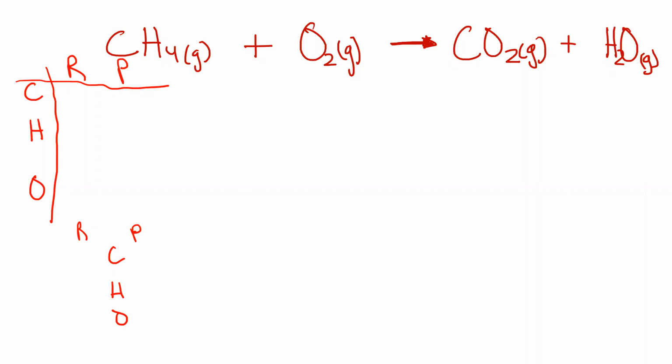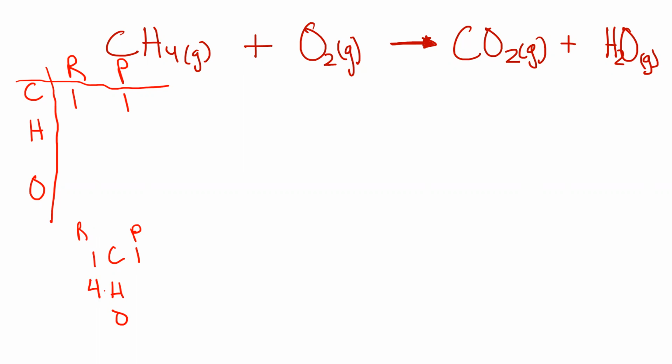To start with, carbon on the reactant side is 1. On the product side, we've got 1. You can see CH4 versus CO2. There's 1 carbon on each side. Now, hydrogen is the next element I'm going to look at. There's 4 of them on the reactant side. You can see they're present in the methane, nothing in the diatomic oxygen, of course.